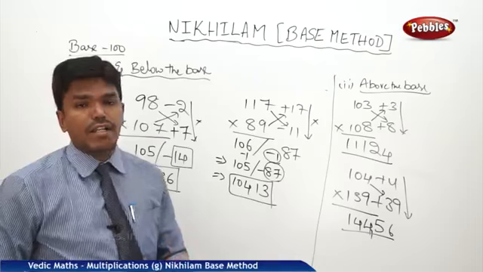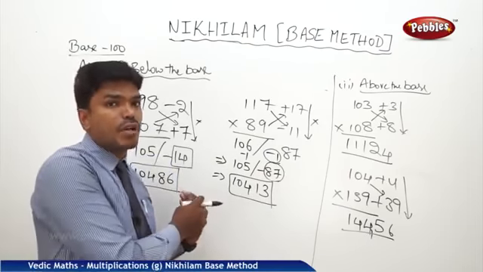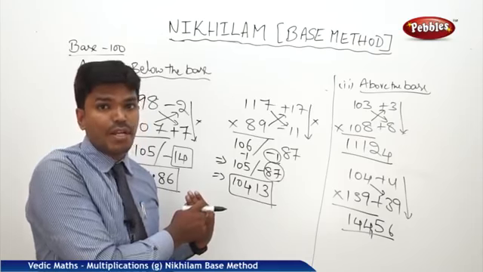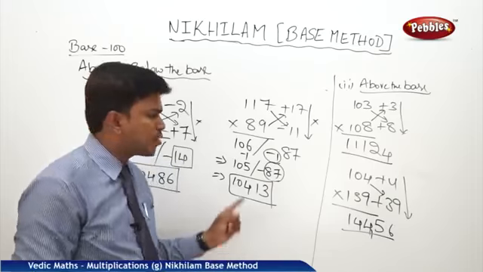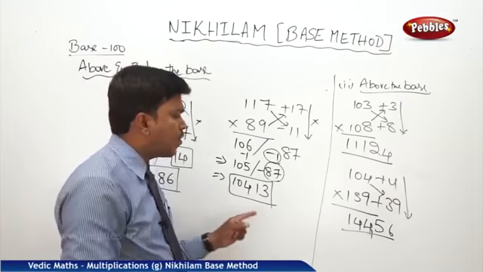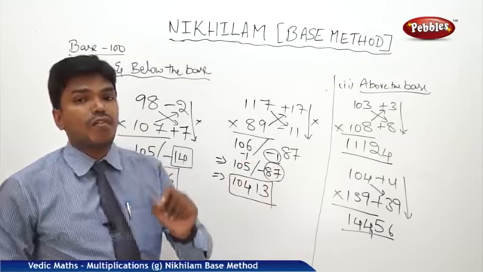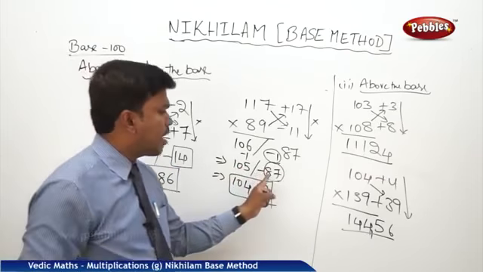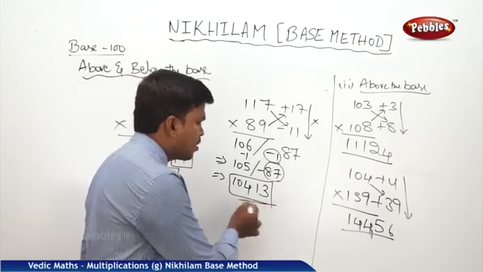And what is the other step? Since there is a minus symbol, we have to reduce the left side part of the answer by 1. So 105 is again decreased by 1, and becomes 104. Now the right side part, which we get by applying all from 9, last from 10, is 1, 3, which is the complement. So this will be your answer.